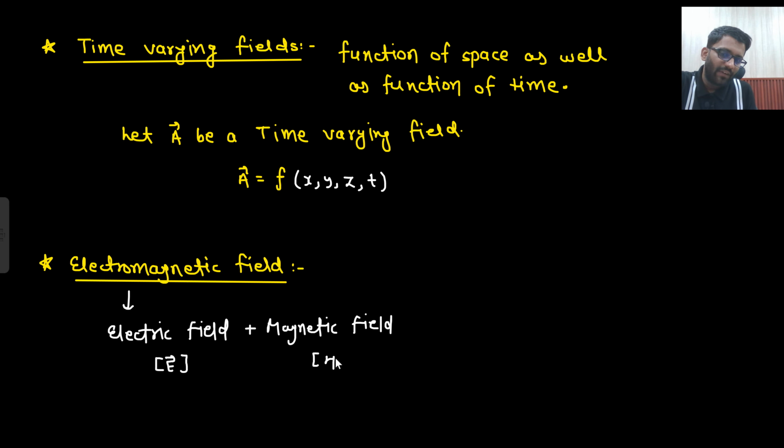If I say magnetic field, what should come to mind? H. In the next lecture we will understand the meaning, but here I am just telling you, if I say electromagnetic field, then electric field and magnetic field should come to your mind. Electric field is E and magnetic field is H. We will understand electromagnetic field and EM wave in a very detailed manner in the next lecture.